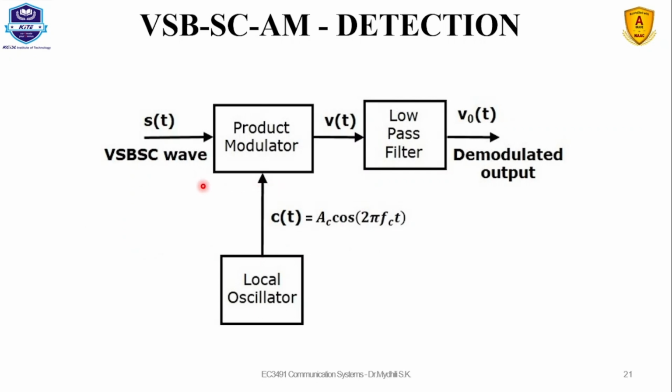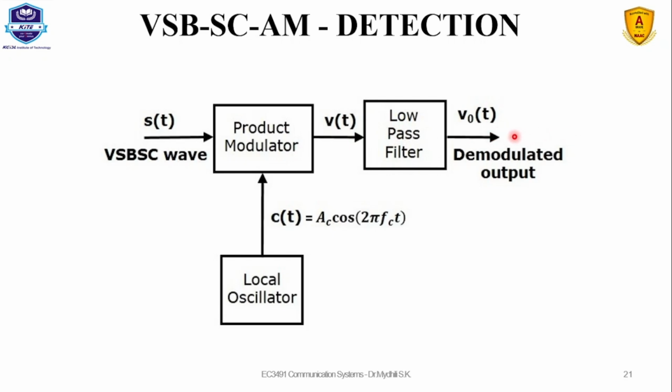You could see here the VSB-SC wave is given as an input to the product modulator, and a local oscillator generated carrier signal is also applied. The output of the product modulator, V of t, is given to the low pass filter to give the demodulated message signal.